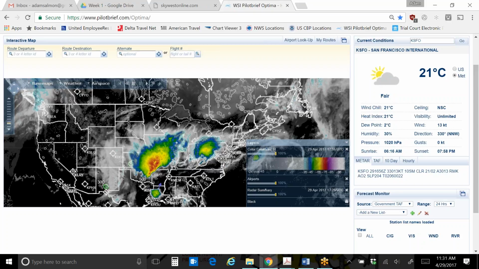Here in St. George, the runway is 19 and 1. If the wind here was reporting 190 at 15, that means the wind is coming from 190 degrees at 15 knots. You would land on 19. That would be your headwind. When you land, the runway numbering is based on the heading of the aircraft.